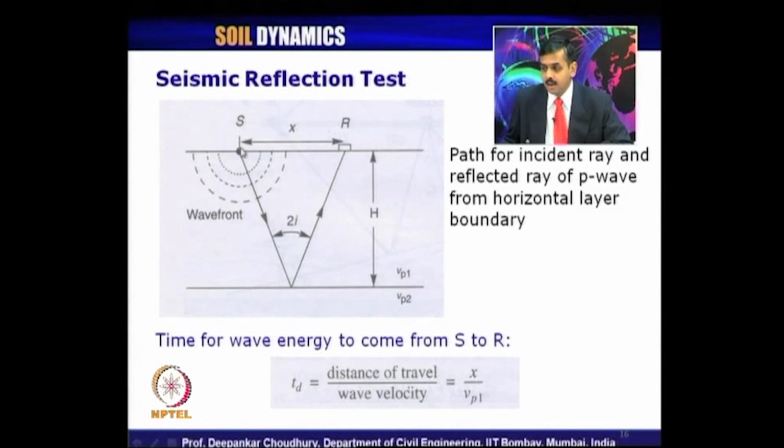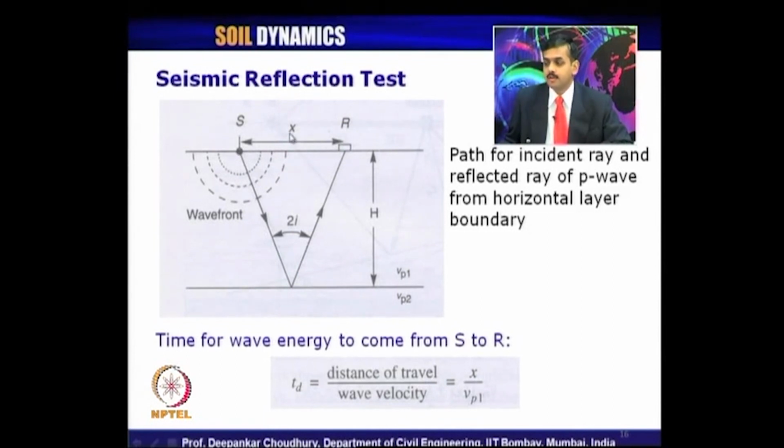Then obviously, the waves which are traveling, some of them will get reflected back in the first media and some of them will get transmitted in the second media. And I is the angle of incidence with respect to vertical. So, the angle between them is 2I. So, it shows the path for incident ray and reflected ray of P wave from horizontal layer boundary, and how much time is required for the wave energy to come from this point S to R.